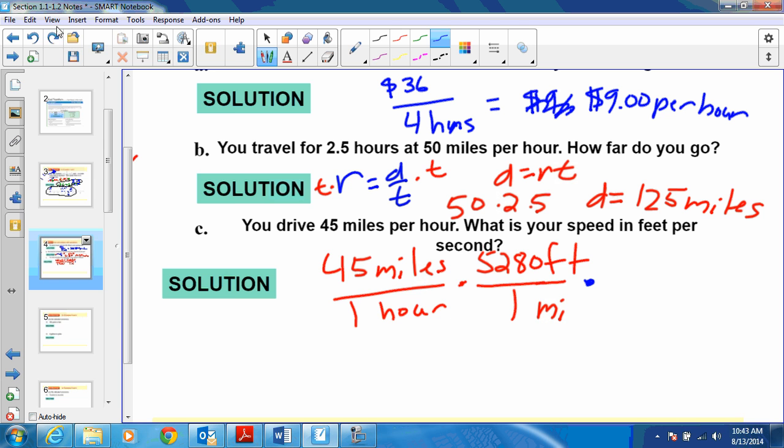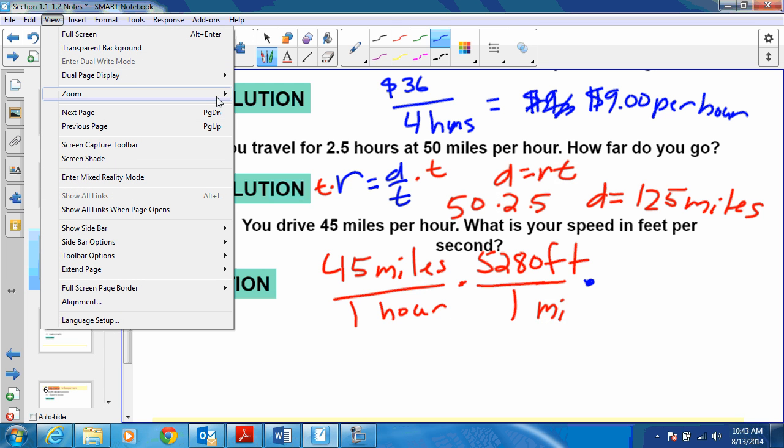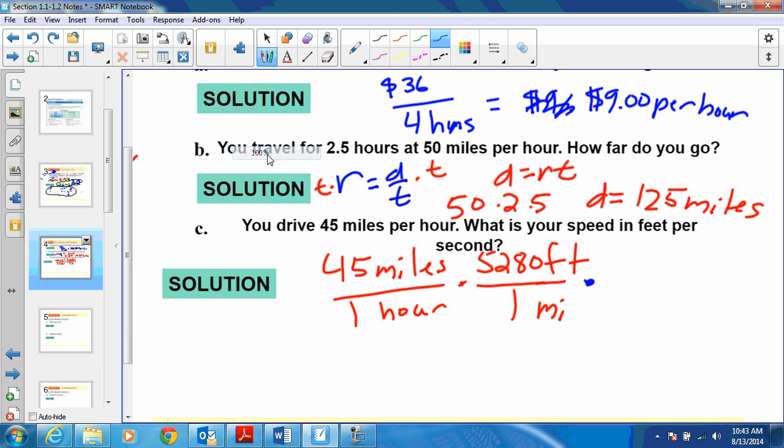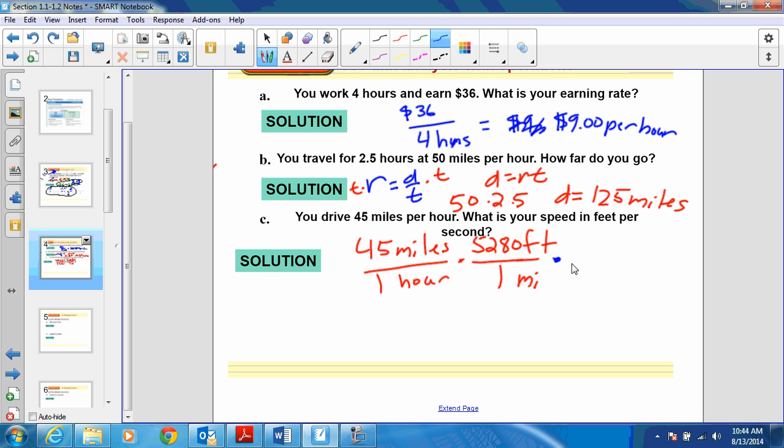Let's zoom a little bit less. Okay, so hour: since hours are on the bottom, we put hour on top, and we're going to put 60 minutes.